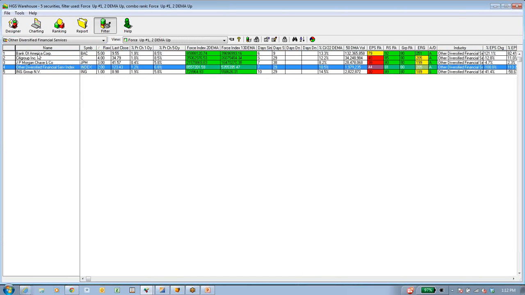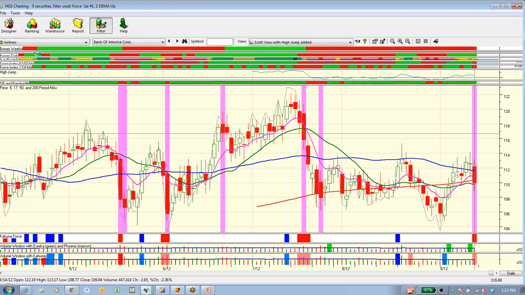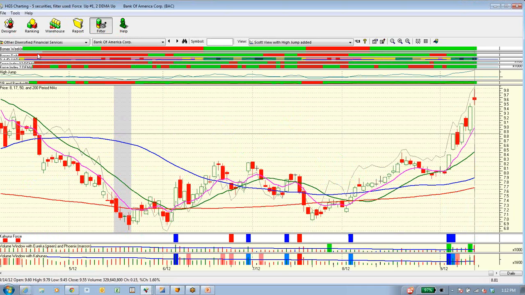There's a reason they're at the top. Bank of America, I think there are a lot of comments on the HGSI board that the big winner of quantitative easing is Bank of America because we're buying their crafty bonds. And you could see what happened with a huge bullish engulfing pattern on huge volume on a Eureka day, clearly a buy signal on Thursday, nice run up on Friday.